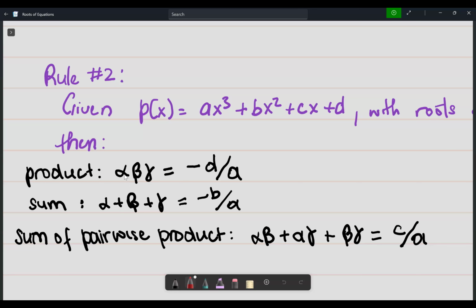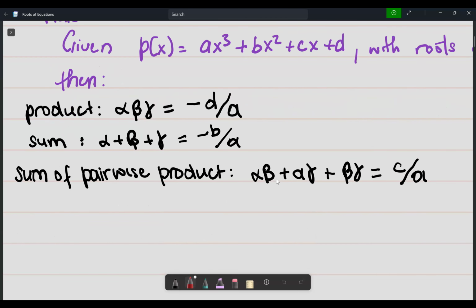Alpha, beta, and gamma are all the roots. When you multiply them together, you will get negative d over a. When you add them together, you'll get negative b, as in boy, over a. And then remember the sum of pairwise products. This is when you have alpha times beta, then alpha times gamma, plus what we didn't have for alpha, which is beta times gamma, and I get c over a.